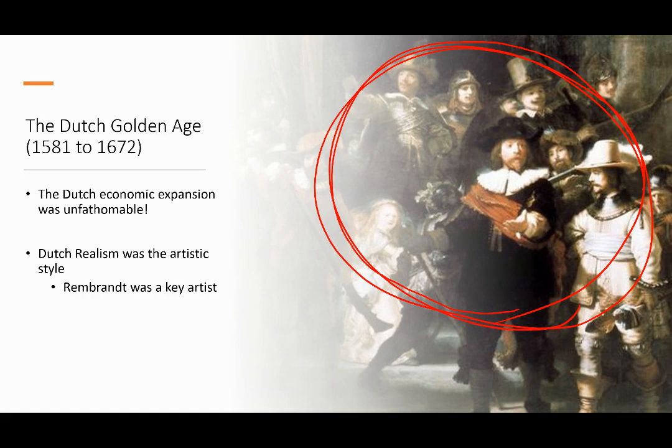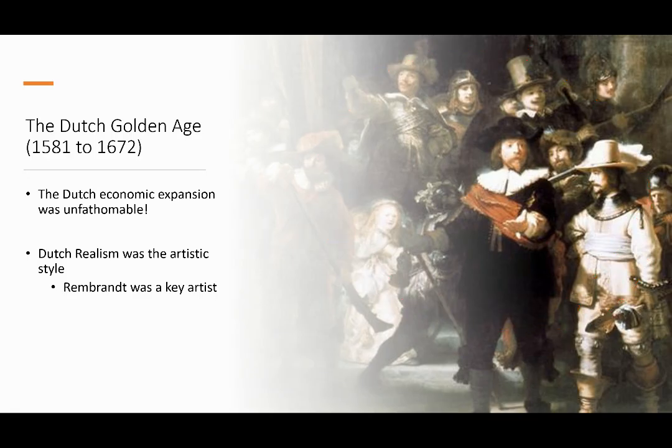It was legit. But with that, I just want to point out they were so wealthy that during the Dutch Golden Age, they had their own artistic style that became like the cool thing of Europe. And Rembrandt is the key artist. The Night Watch is his most famous piece. The Dutch culture was the envy of Europe. If you've done your power map, you know about the flutes, those big, flat-bottom ships.